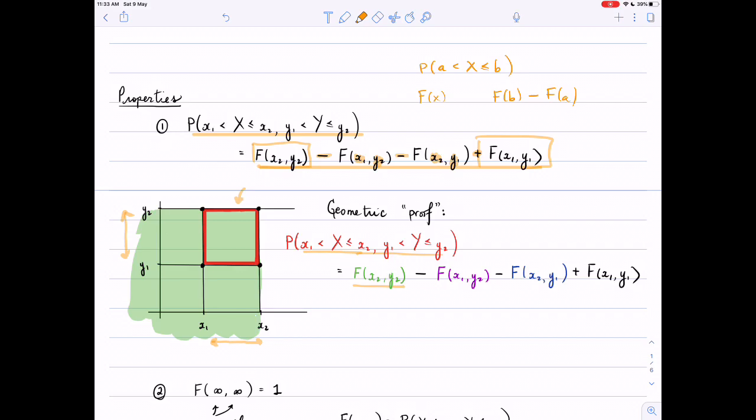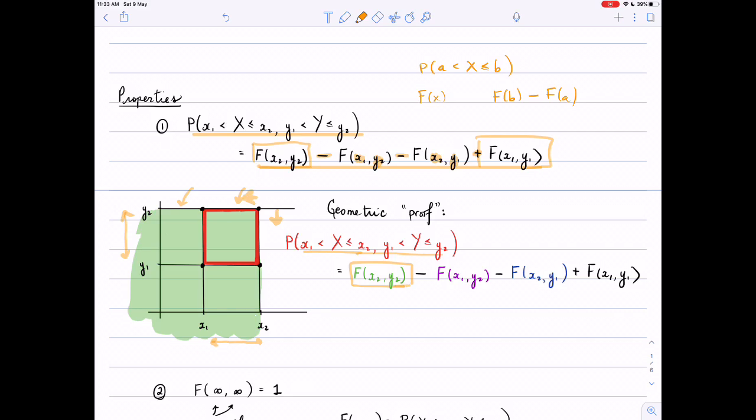Now, if I were just to take F of x2, y2, I get everything southwest, everything below and to the left of that point. So I get that entire region in green here, everything that is below this line and to the left of that line. So I get the entire region.